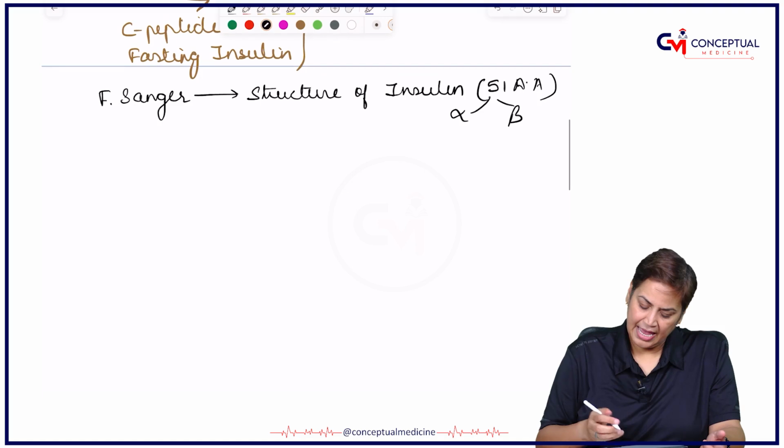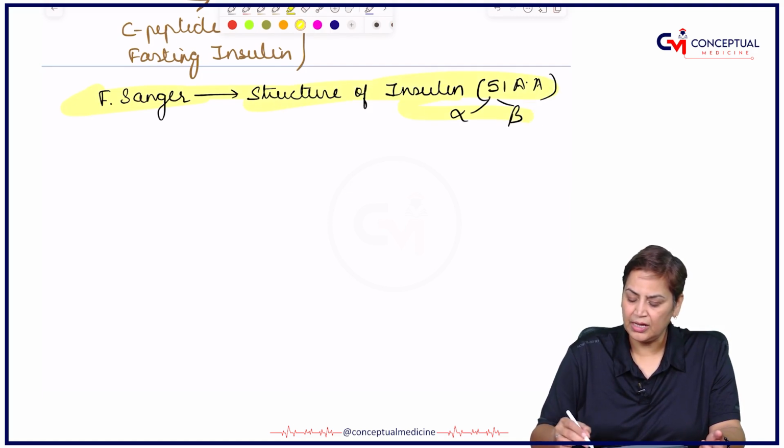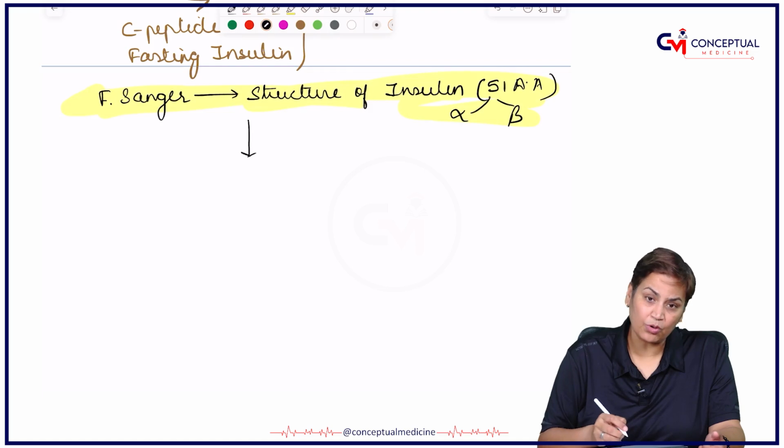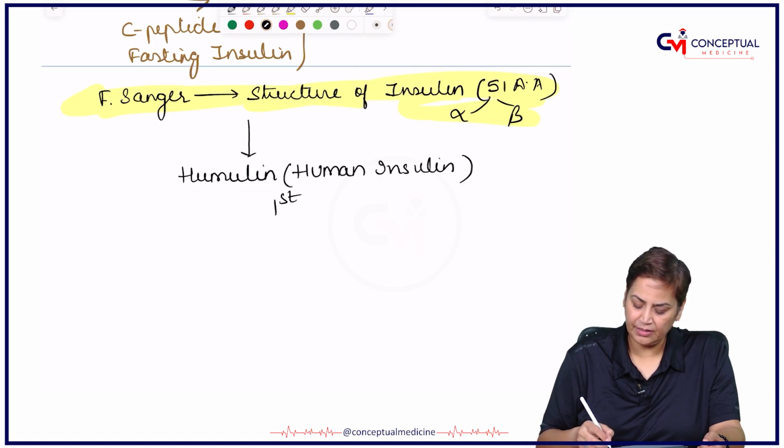And he was awarded the Nobel Prize for this, and just after his contribution, the first recombinant product was Humulin, which is nothing but human insulin. It is the first recombinant product.